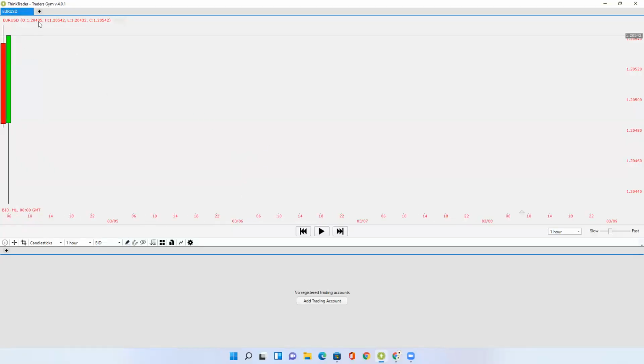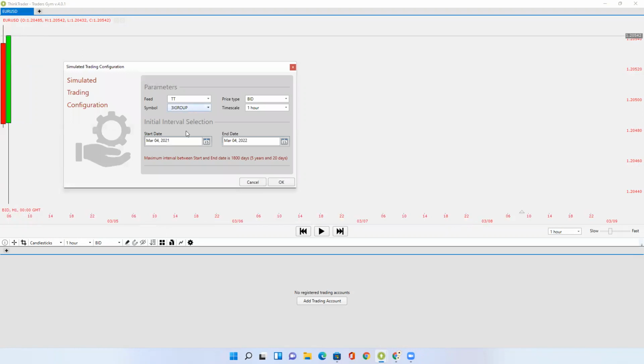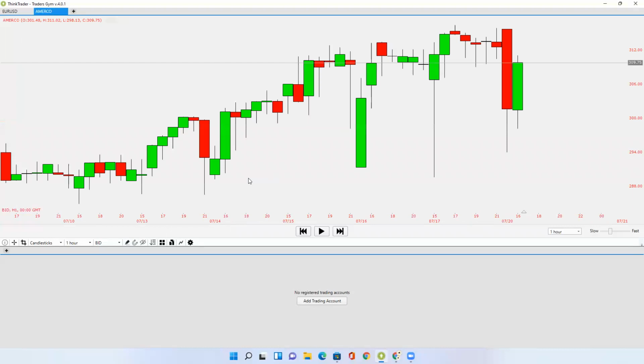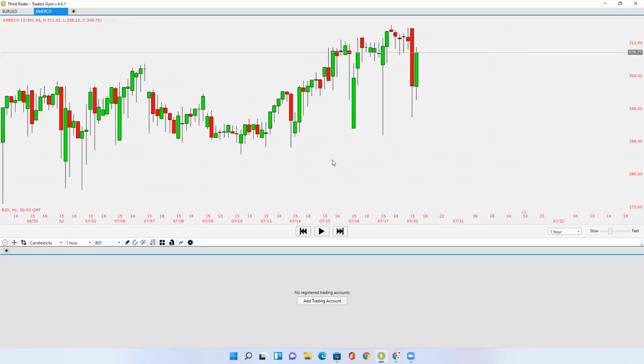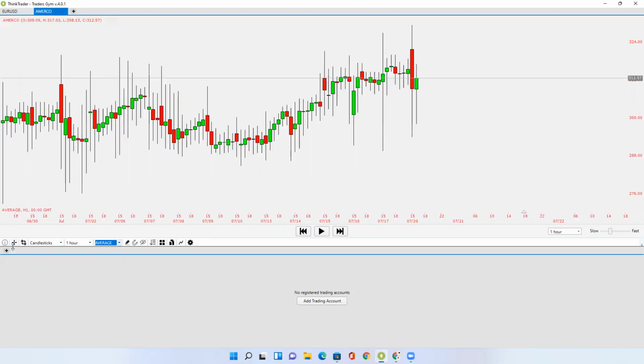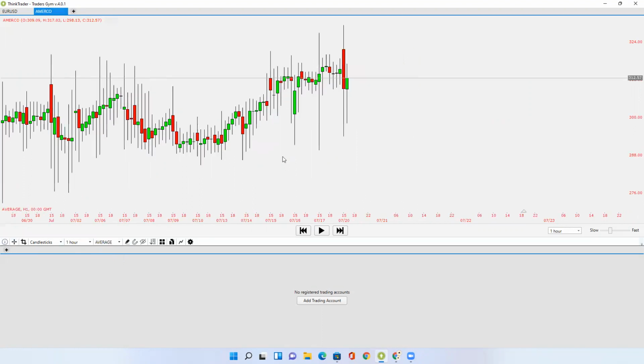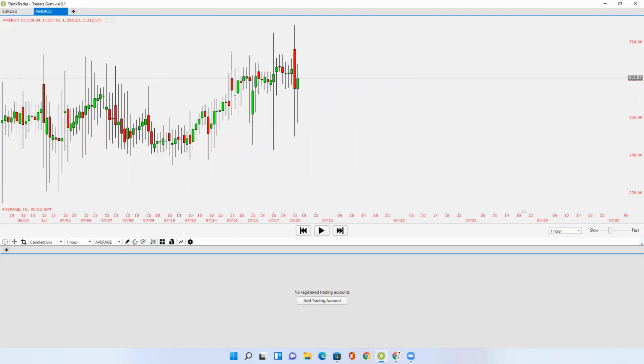Cool. So again, let's pick something random to trade. Now the chart on the average. Yeah, no, this chart is not the one.